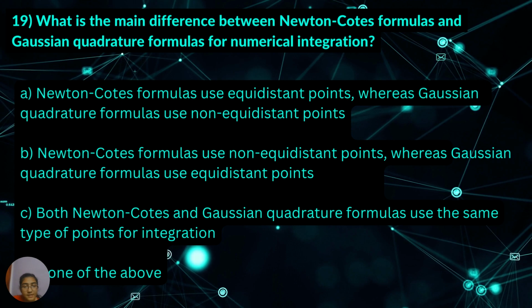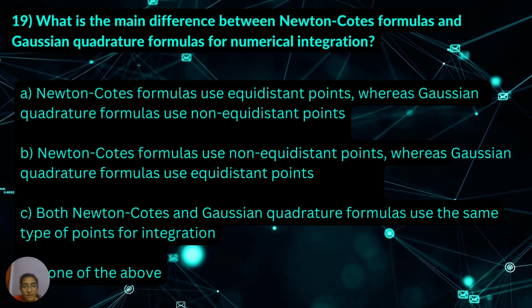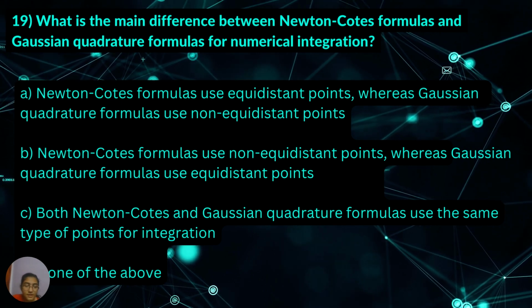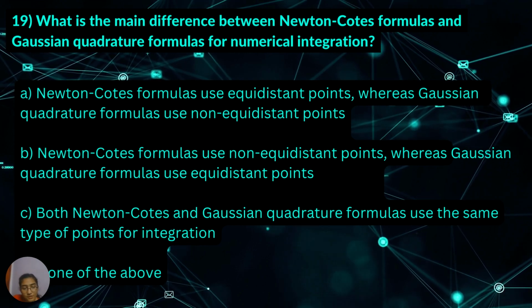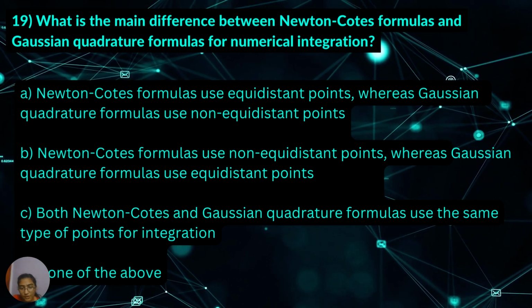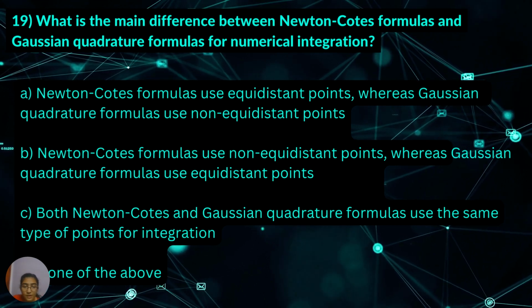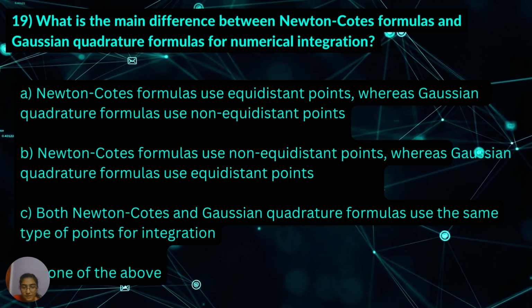What is the main difference between Newton-Cotes formula and Gaussian quadrature formulas for numerical integration? A. Newton-Cotes formula uses equidistant points, whereas Gaussian quadrature formula uses non-equidistant points. B. Newton-Cotes formula uses non-equidistant points, whereas Gaussian quadrature formula uses equidistant points.